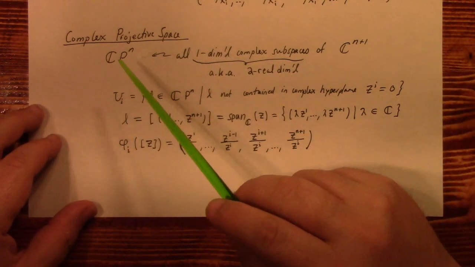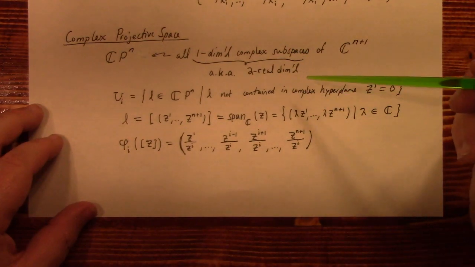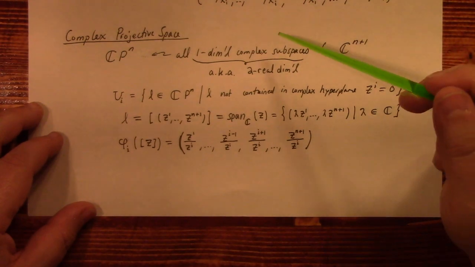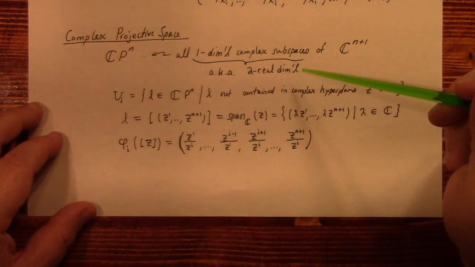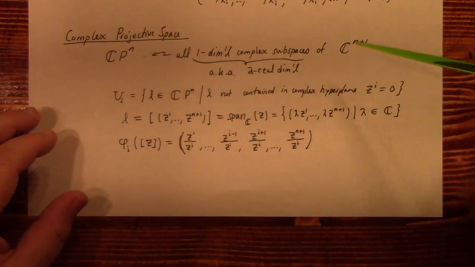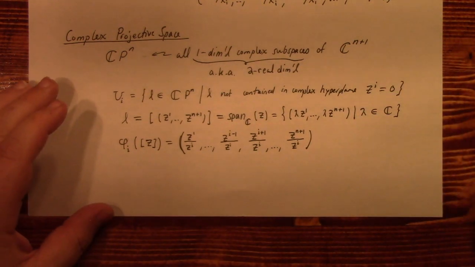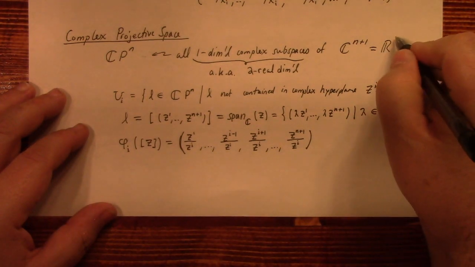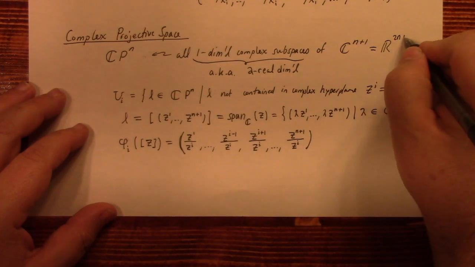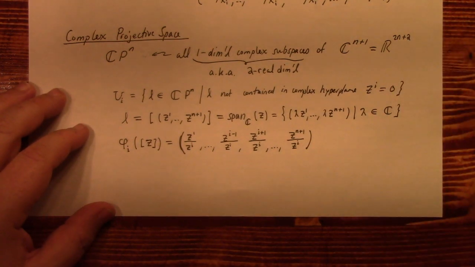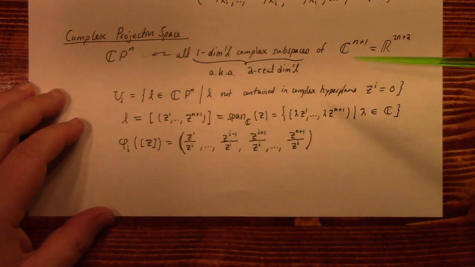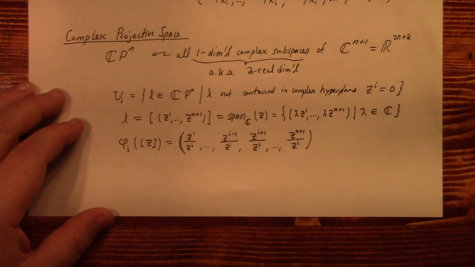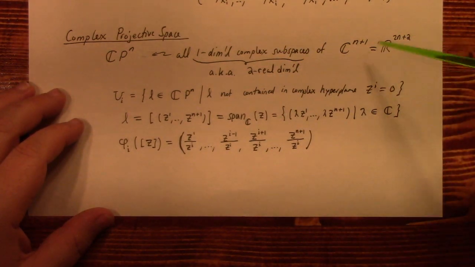Complex projective space is the set of all one-dimensional complex subspaces of complex (n+1)-space. A one-dimensional complex subspace is a two real-dimensional subspace. So here this is really R^(2n+2), and the points in this thing are in some sense like planes through the origin in R^(2n+2).